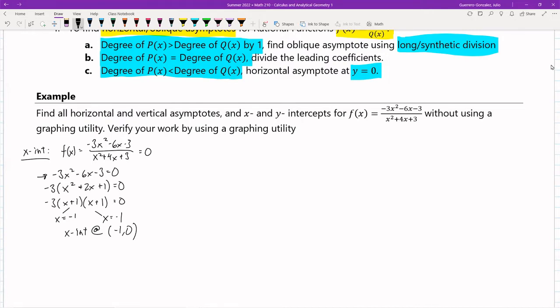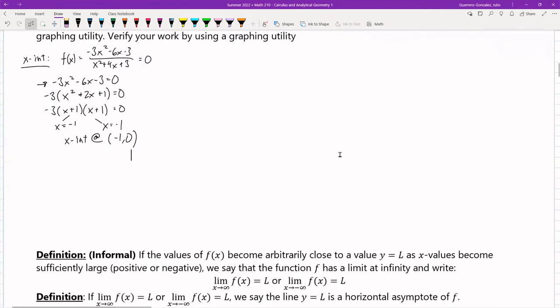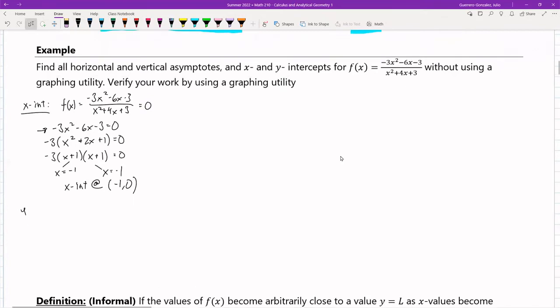Right? Okay. Y-intercept now. This one's the easier one. The y-intercept is when x is equal to 0, right? So all I have to do is find f of 0: -3 times 0 squared minus 6 times 0 minus 3, all over 0 squared plus 4 times 0 plus 3.